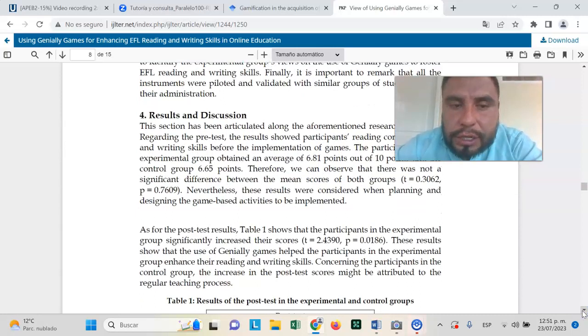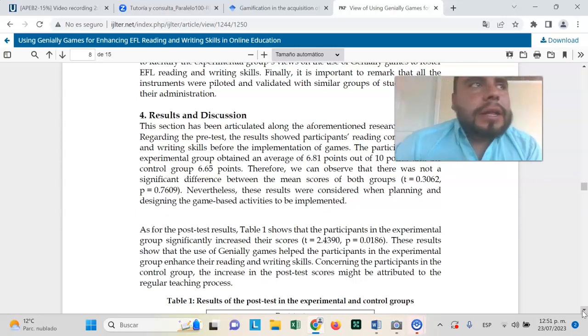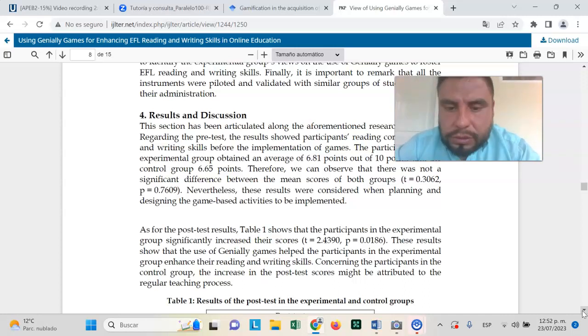And then the results and discussion, where we can find an analysis after finishing applying the test. In this journal, as a little summary, the students who developed these kinds of games or game-like activities to improve their skills were more successful than the students who didn't.